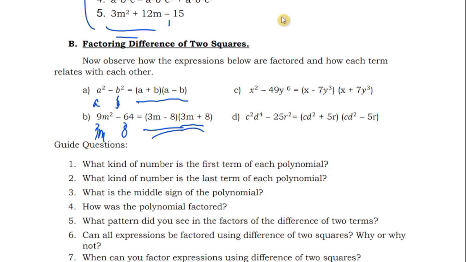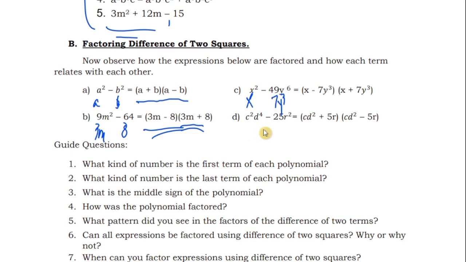Meanwhile, here we have x squared is a perfect square of x. 49y to the 6 is a perfect square of 7y cubed, because 7y cubed times 7y cubed is 49y to the 6. So that is why we have the quantity x minus 7y cubed times the quantity of x plus 7y cubed. That's it.